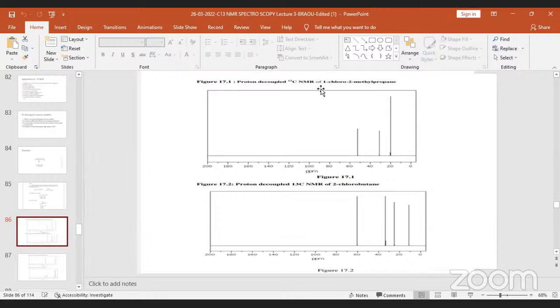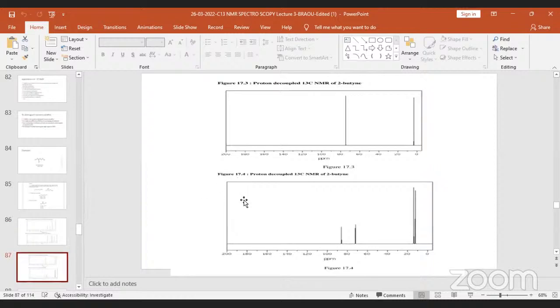To differentiate, they have taken the proton decoupled C13 NMR, and here they are getting 3 signals and there 4 signals. In 2-chlorobutane, 4 carbons are non-equivalent, therefore you get 4 signals. In 1-chloro-2-methyl propane, the 2 methyl groups are same, therefore you will get 3 signals only.